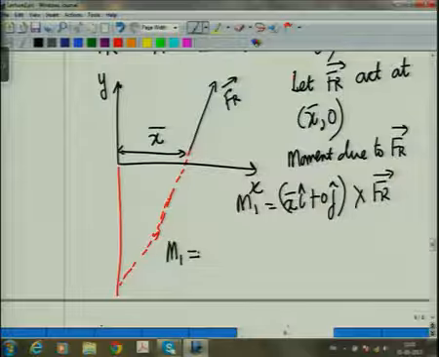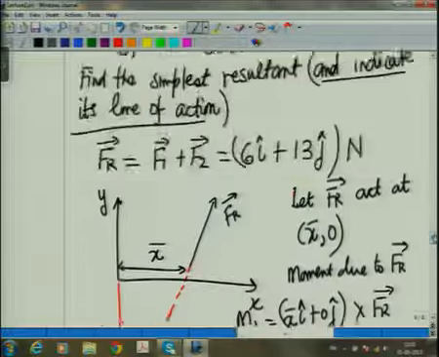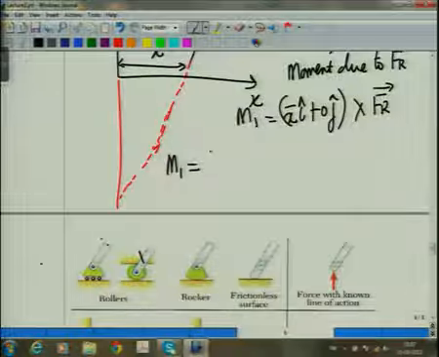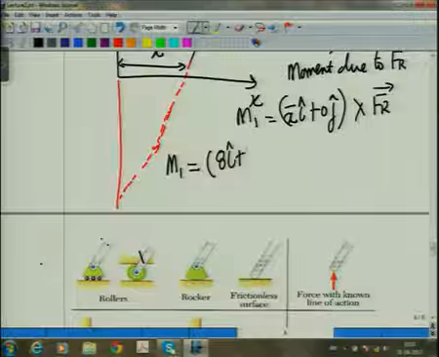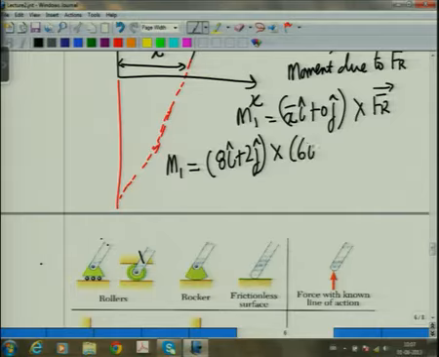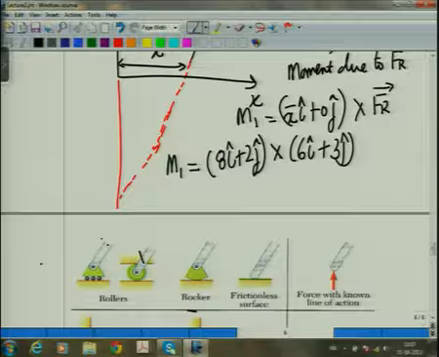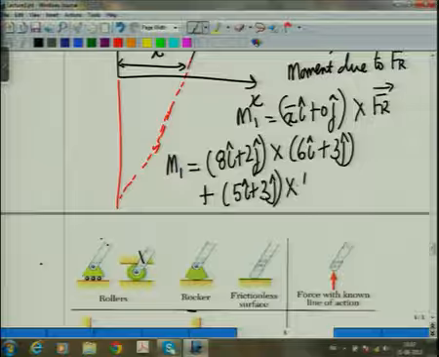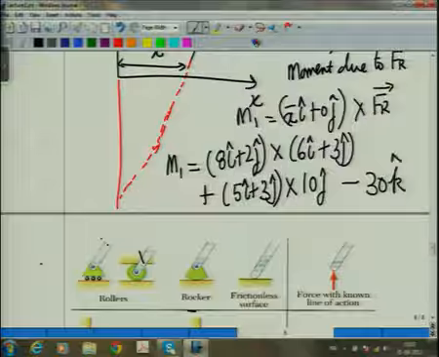M1 must be equal to, F1 is at 8, 2, so the moment due to it is 8i plus 2j cross 6i plus 3j, plus 5i plus 3j cross 10j minus 30. So this must be equal to M1.